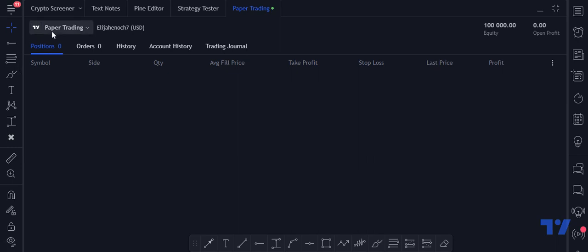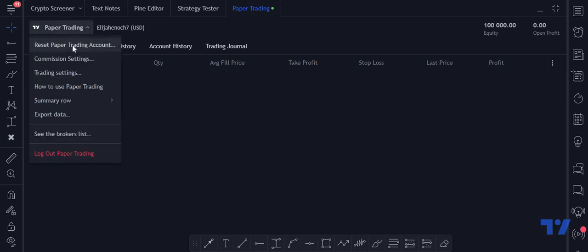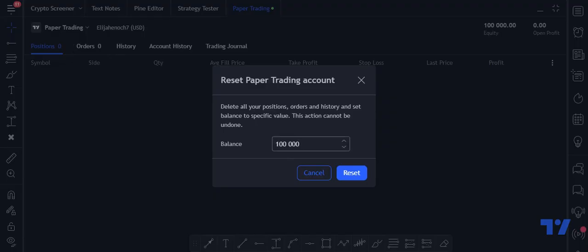Come down to this level, Paper Trading, click on it, click on Reset Trading Account. Then reduce it by 10 to make it a $3,000 account, or reduce it to a $5,000 account.